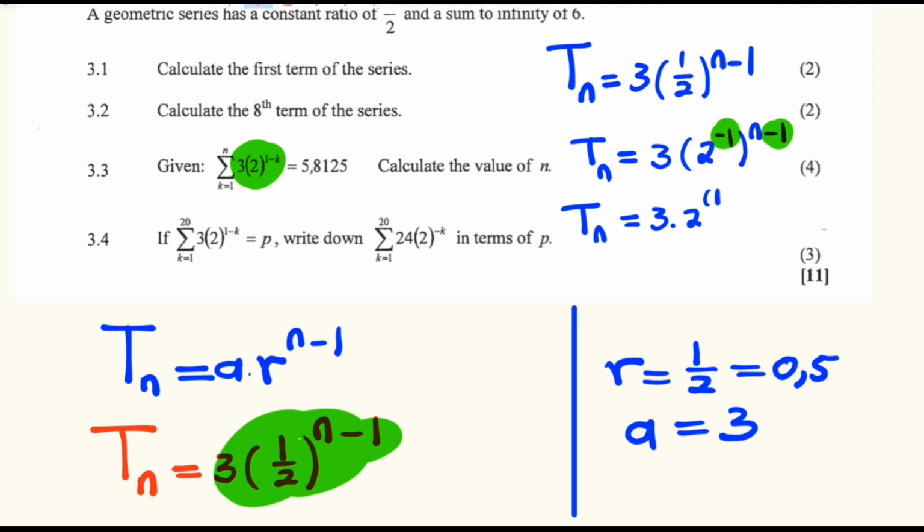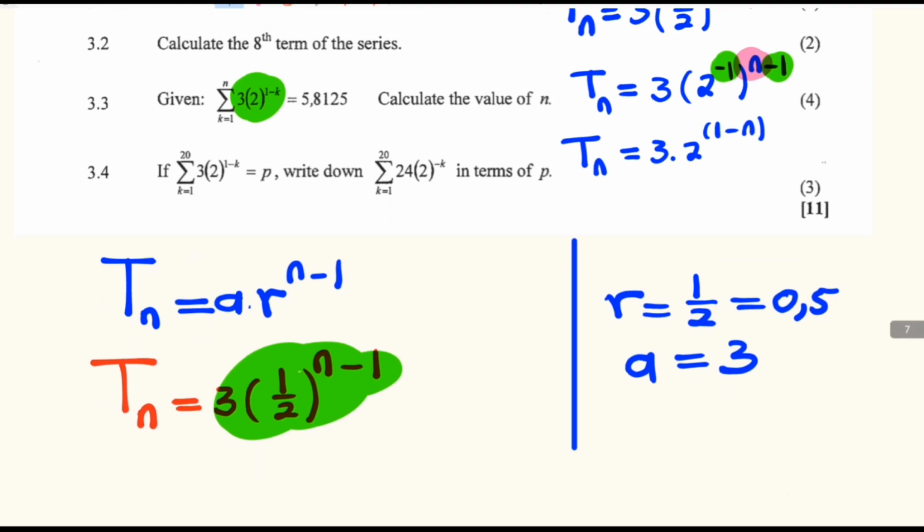So we have positive 1 and negative n, and there they also have 1 minus k, and we have 1 minus n. So this is just the same as that. So we can confidently use the information that we have in order to calculate n.